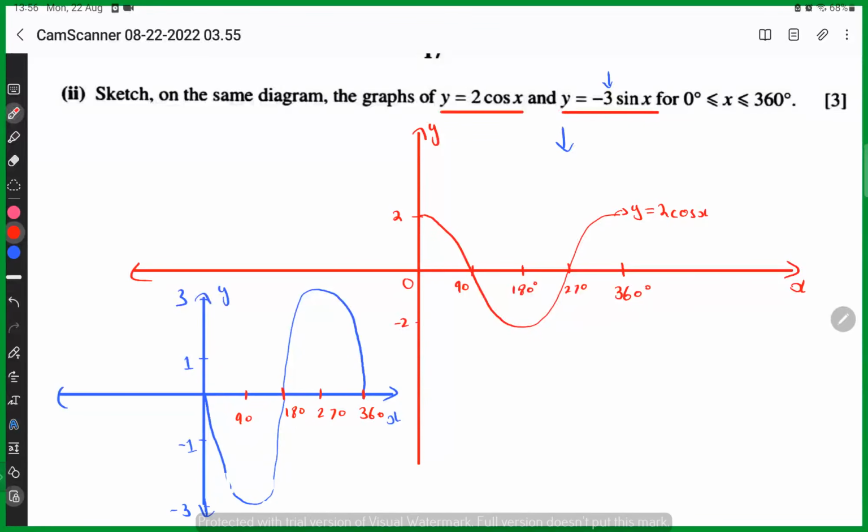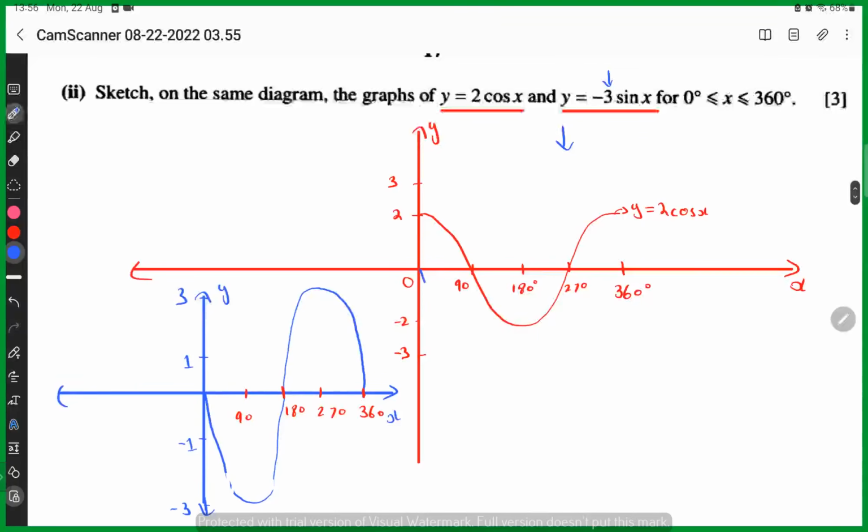This is going to be minus 3, and this is going to be 3. The examiner would probably give you some separate graphing paper or grid to make the graph, but we'll have to see that. Now my graph is starting from this point. This is how exactly my graph looks.